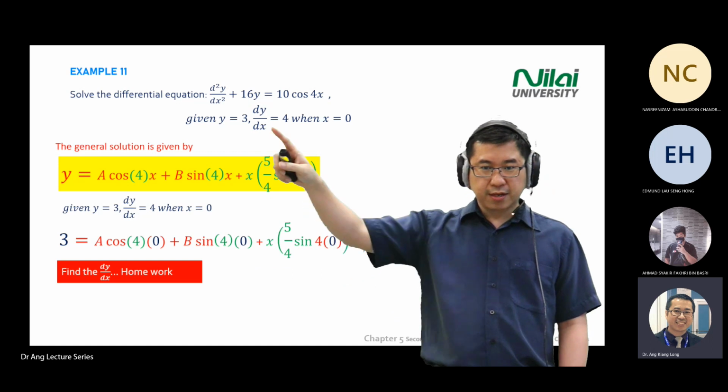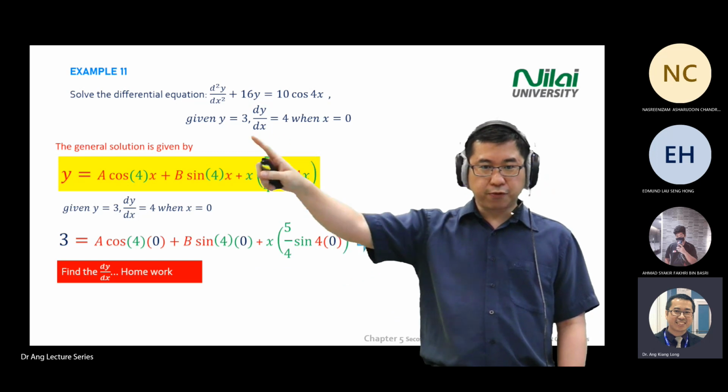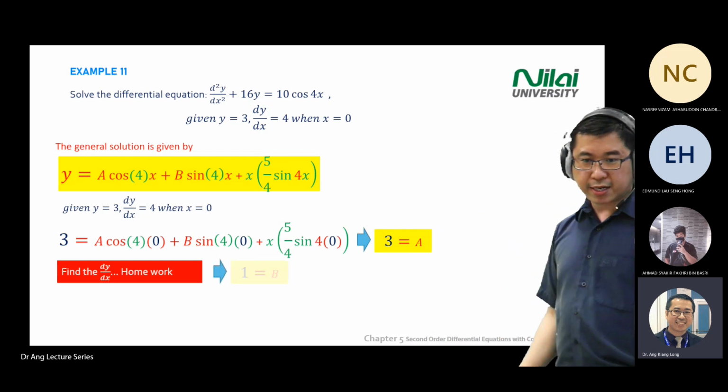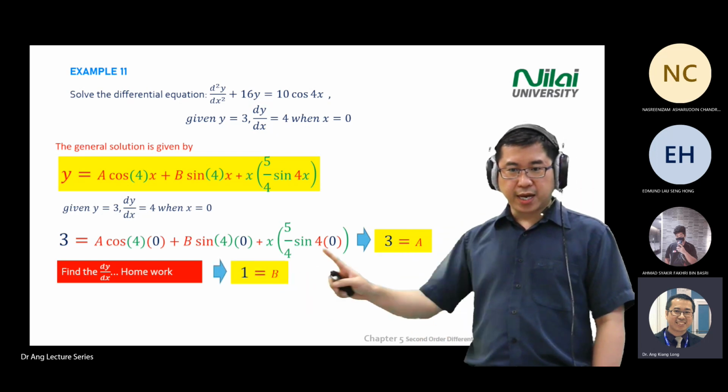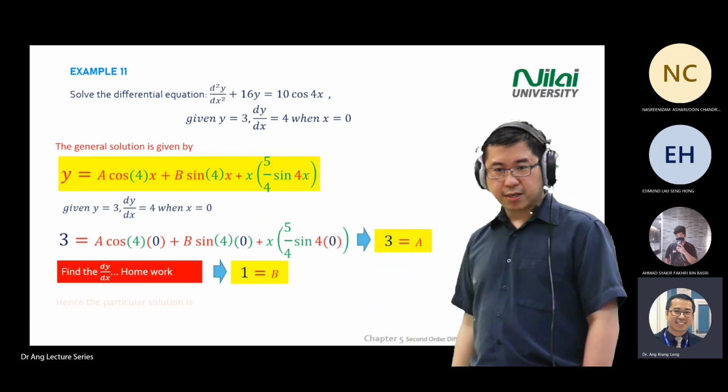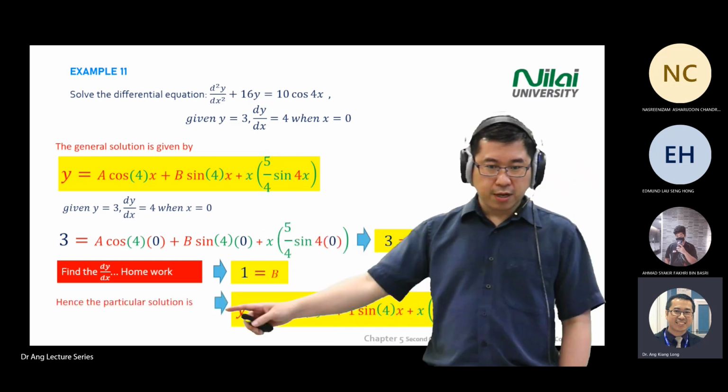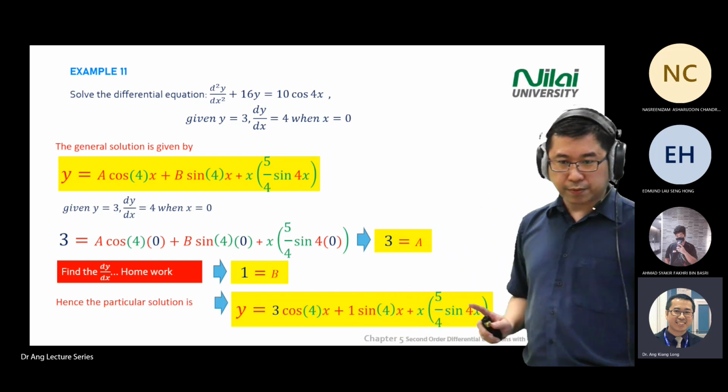Differentiate this one, then substitute with 4 on the left-hand side. You can find your B. B is 1. After you find your A and B, substitute them here. You get the full mark for the particular solution.